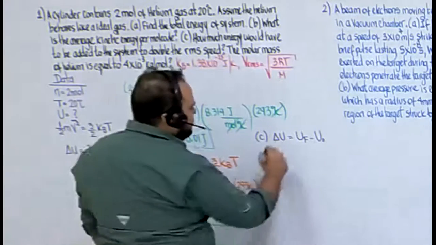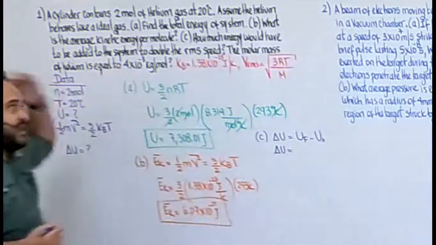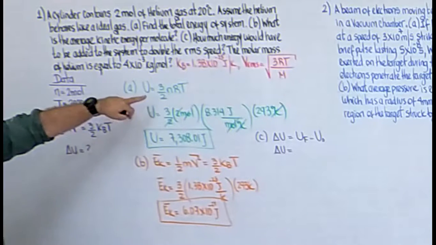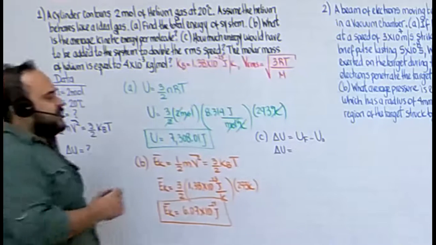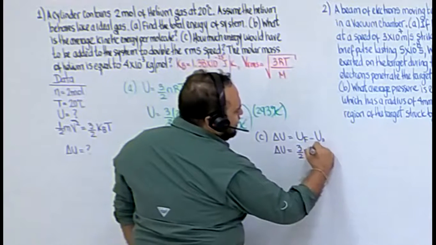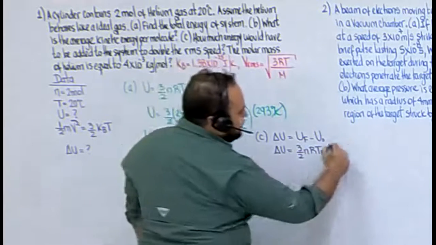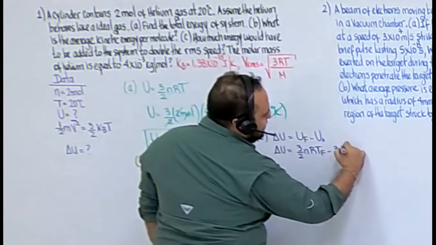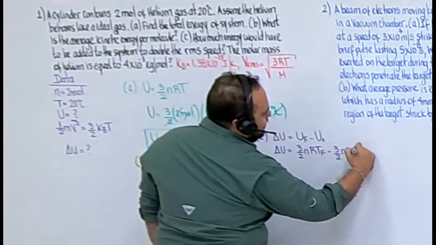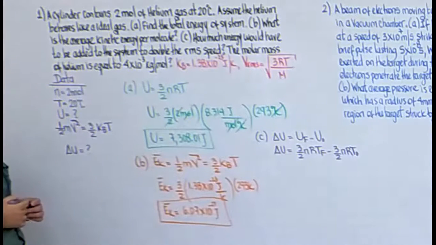At the same time, for the change of internal energy, because we're talking about helium, which is a monatomic gas, remember we have this formula: 3/2 capital R times TF, minus, same happens over here, 3/2 R multiplied by TO. We know all values, but we have one problem.